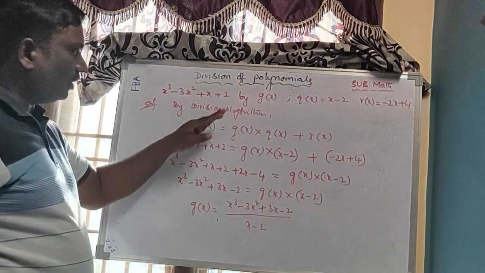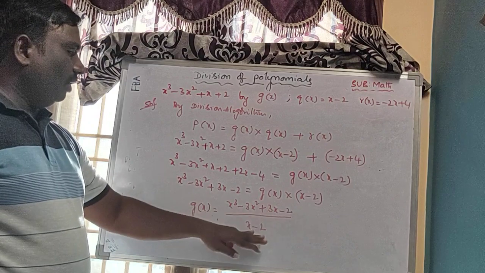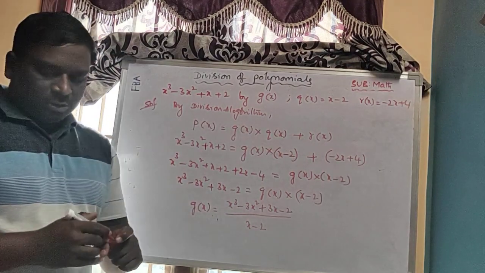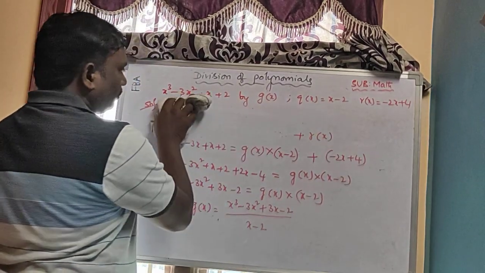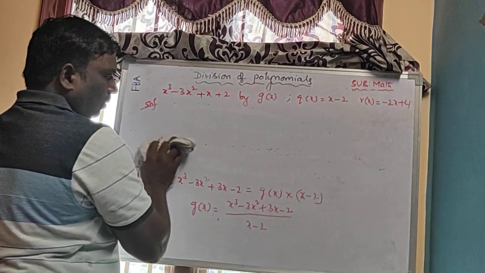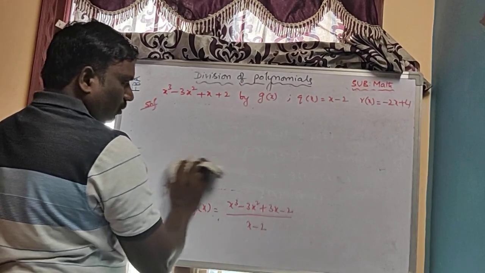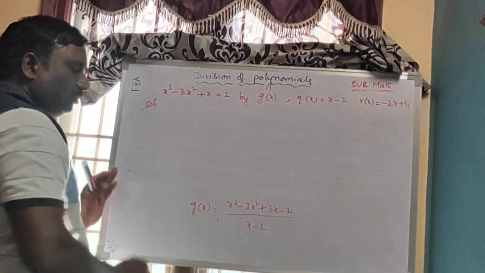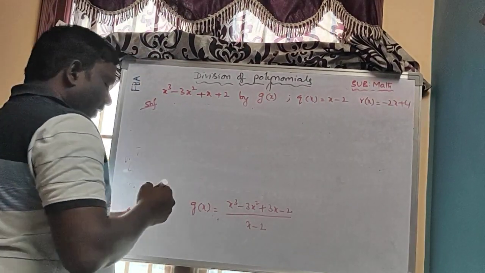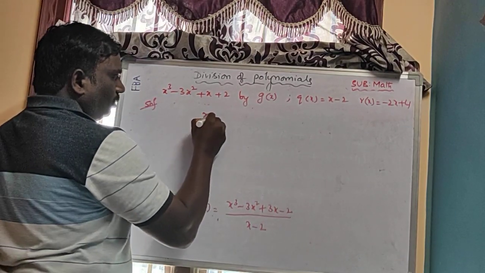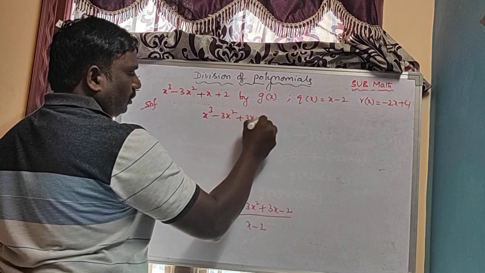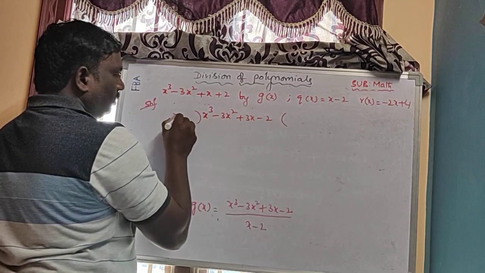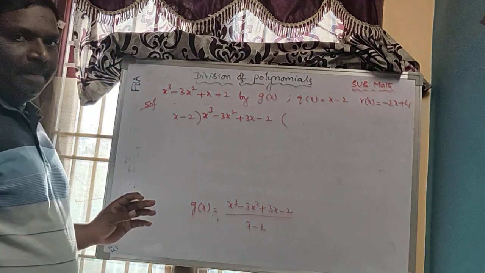There is no space, that's why I'm erasing this one. Only I will write here these two polynomials. So I'm dividing x cube minus 3x square plus 3x minus 2 with x minus 2.